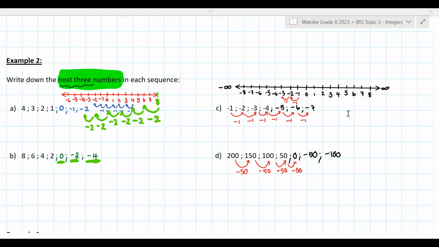So what is your pattern there? What are you doing each time? You are minusing 5. Okay, perfect. So what is 0 minus 5? It's -5. Exactly. So that would be your next one. And then you would take another 5 away, -10, and keep going. Okay, thank you, ma'am. Good, well done.